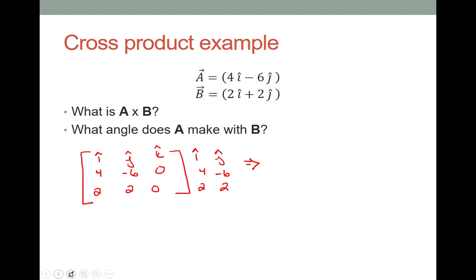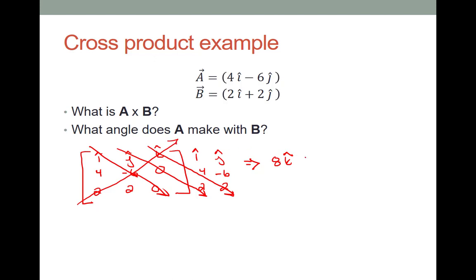And start multiplying the diagonals. So first off, we're going to multiply down. We have -6 times 0, I hat, that goes to 0. 2 times 0, J hat, also 0. K hat, 4 times 2, so that's 8 K hat. And then going up the other diagonal, we have 2 times -6 K hat, that's -12.